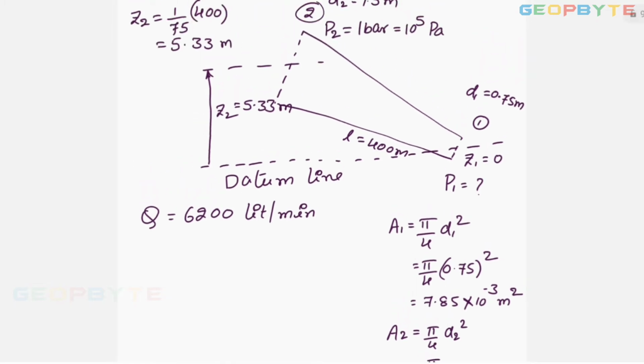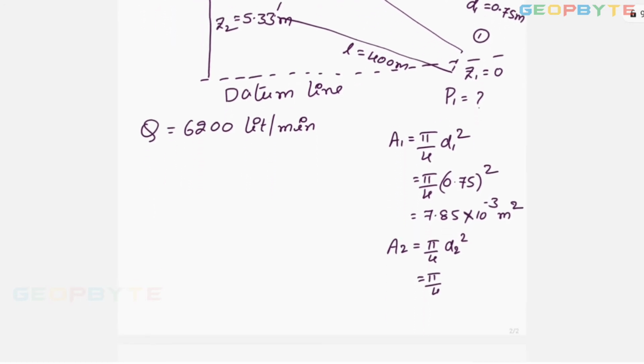Pi by 4 into 1.5 whole square. Simplify this value for getting the A2, 1.767 meter square.